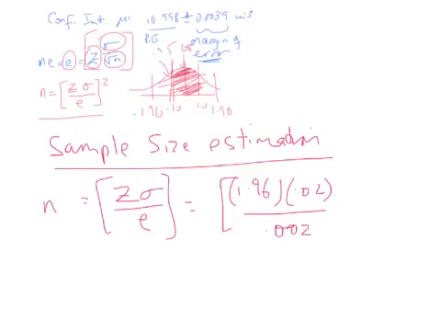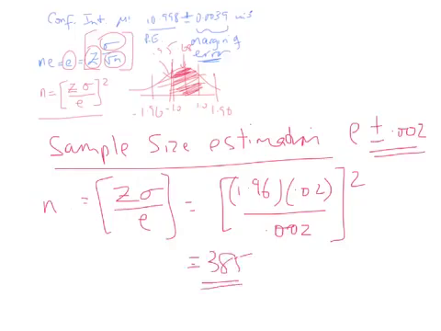So that's what we're looking for, a margin of error plus or minus 0.002 inches. So we're going to substitute that for E, and we must square that. When we square that, the value becomes approximately 385. That's our sample size, 385.